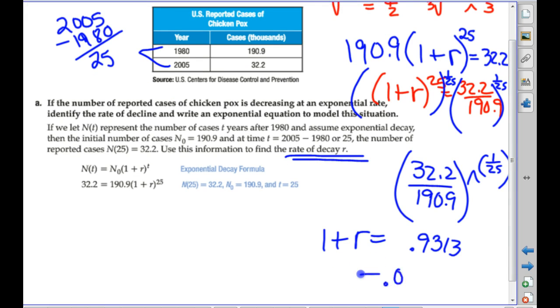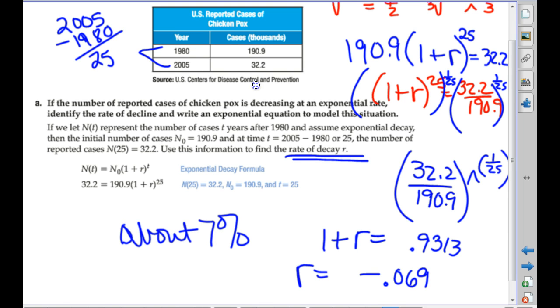Negative .069 we'll go with. So about 7%. It dropped about 7% per year. The number of chickenpox cases dropped about 7% per year. It's when they started vaccinating people for chickenpox.